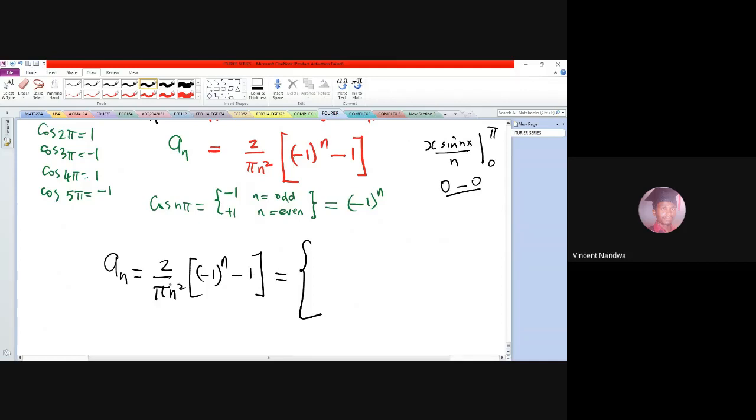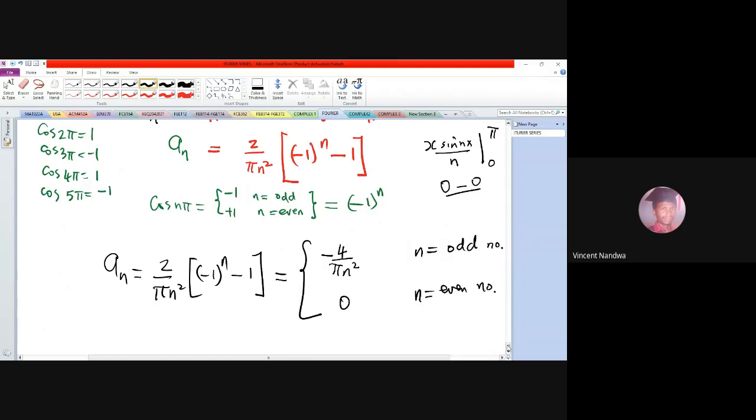Minus 2 times this one gives us minus 4 over pi n squared. So this will be minus 4 over pi n squared for n odd. And then when n is even, this will be positive 1 minus 1, which is 0. So 0 times this factor gives us 0. So this is 0 when n is an even number.